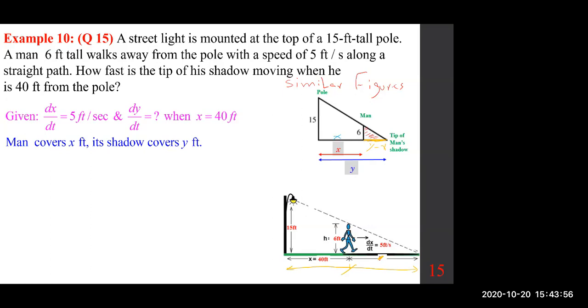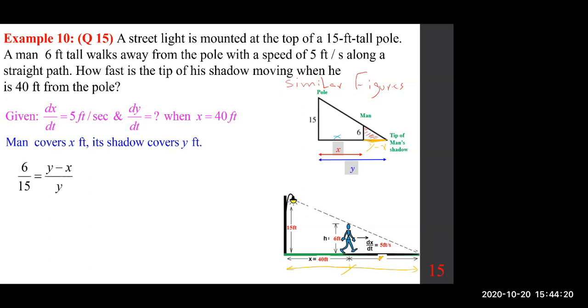If you choose the other one to be y, then we have y over x plus y. So it really depends how you write it. I think it's easier if we choose the whole thing to be y, therefore this little part is y minus x. So the ratio of 6 to 15 is the same as y minus x over y.